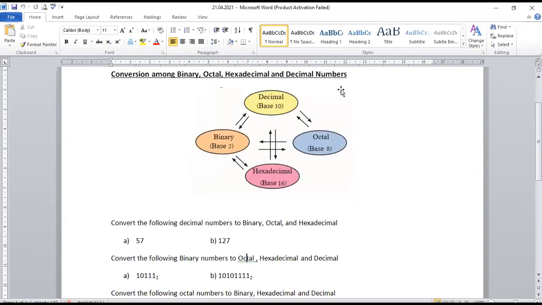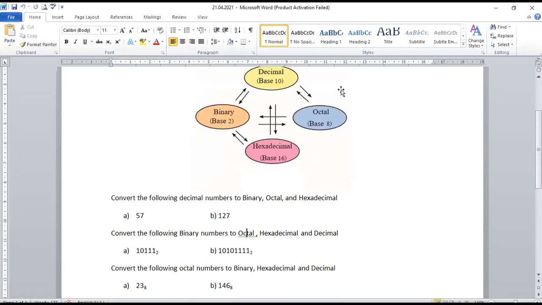Okay, if you have finished copying, move to these questions. Today we are finishing this part. Question number 1, question number 2.